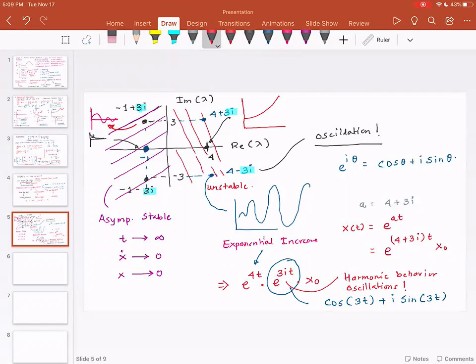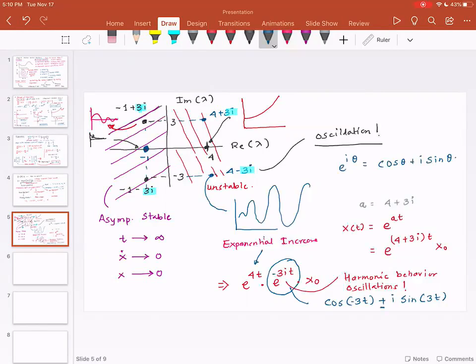Now what I want to ask you is, what would happen if this number is negative? If this number is negative, please note nothing changes. Cosine of minus 3t is nothing but cosine of 3t. Sine of minus 3t becomes a negative number here.